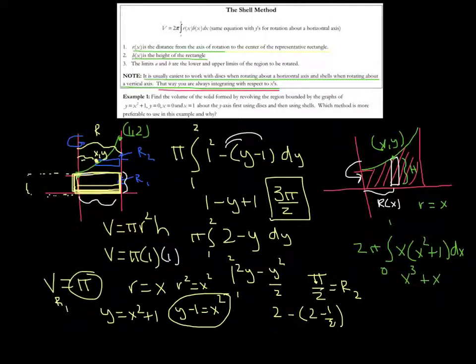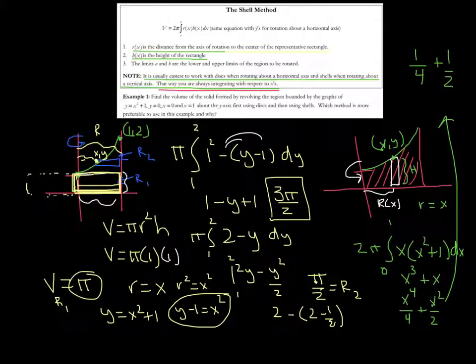And then we're going to integrate that. So that's going to be x to the 4th over 4 plus x squared over 2. And we're going to plug in 1. And I'm going to continue this up here. We plug in 1, we get 1/4 plus 1/2.